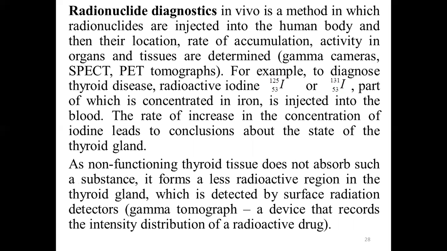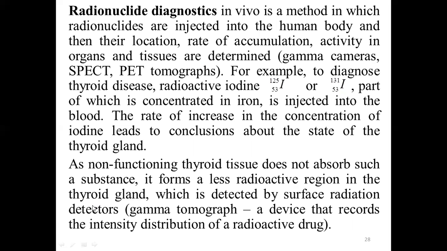For example, to diagnose thyroid diseases, we use radioactive iodine 135 or iodine 131 radionuclide, part of which is concentrated in the gland. We inject it into the blood.